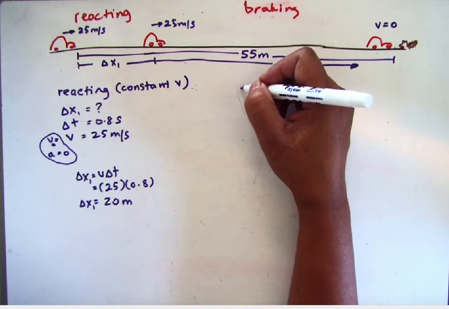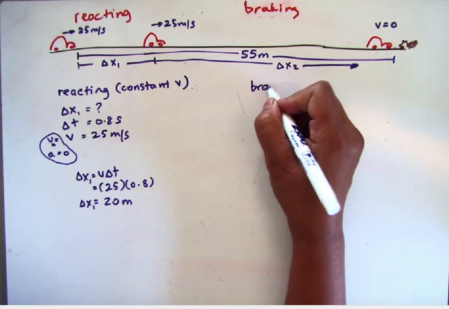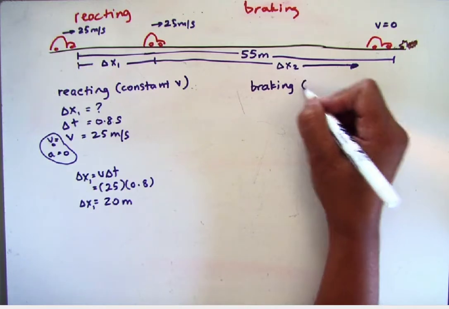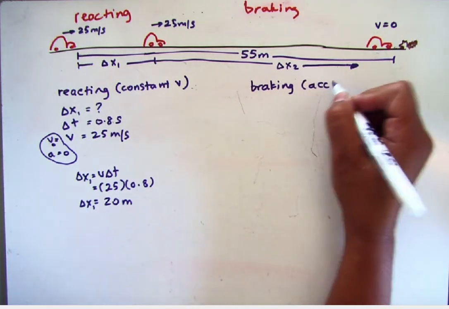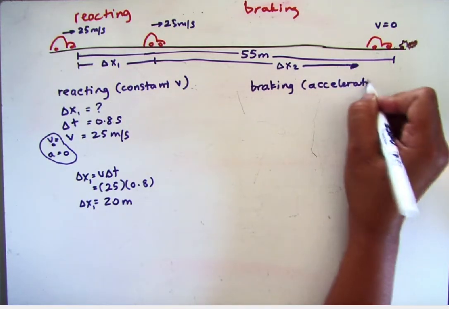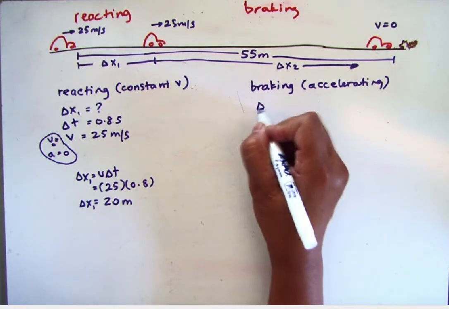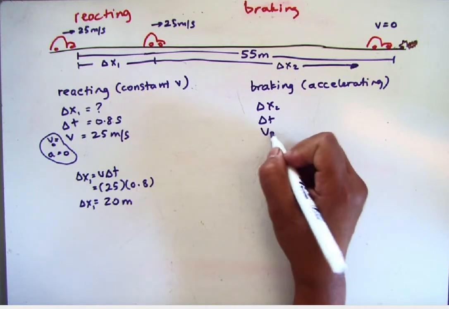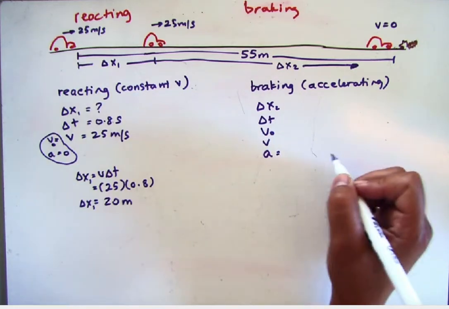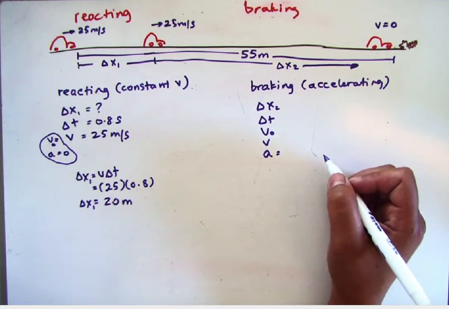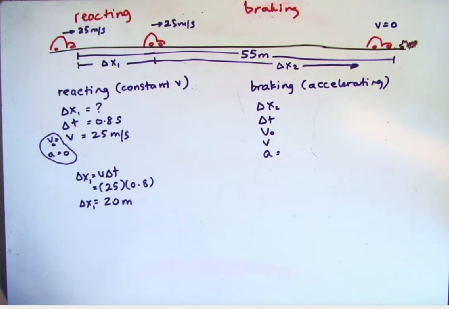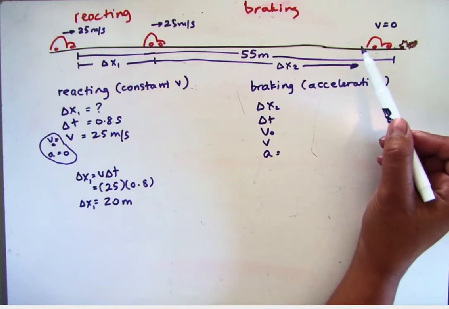Now let's look at the braking part of it. This one, we're accelerating now, right? So we're going to have to go to all of our equations, delta x2, delta t, v naught, v, and a. So it gives us some information here. It tells us that the rate of deceleration is 9.3 meters per second squared. Think about what that means.